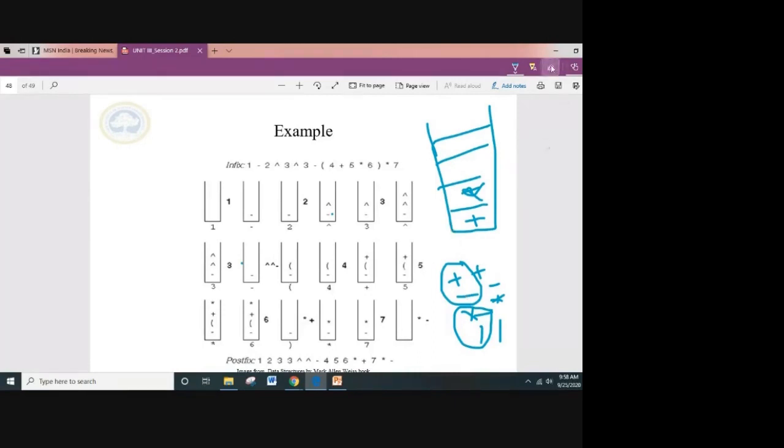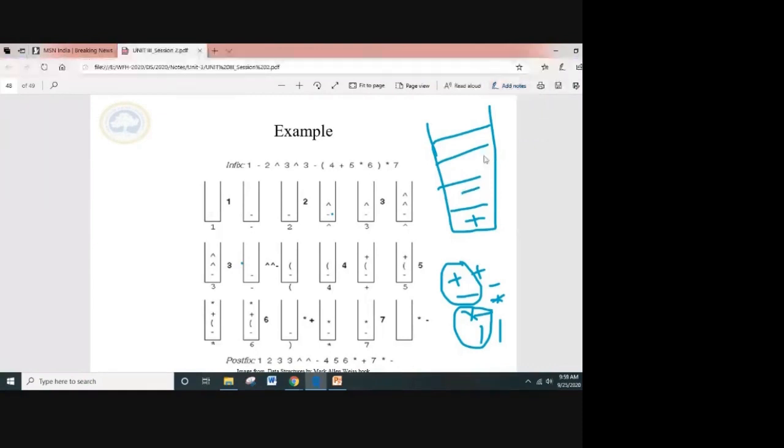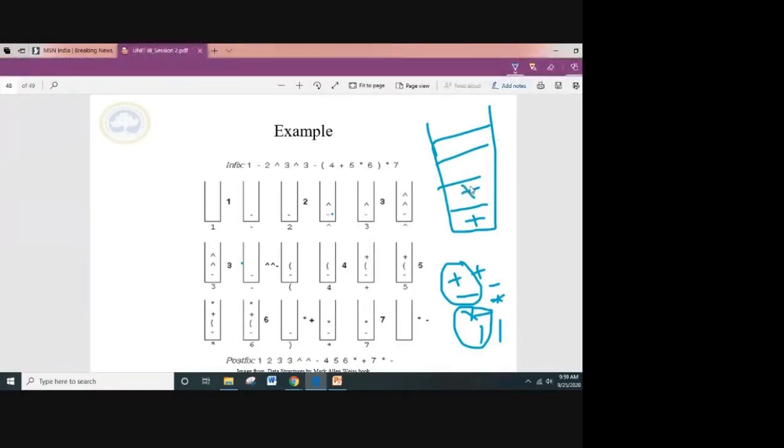And for example, this can be star, this can be star, this is allowed, plus above the star is allowed. Now see, an open parenthesis comes, you need not compare it with what is below. When an open parenthesis comes, you push it inside the stack.